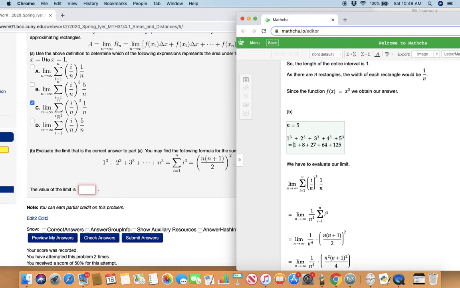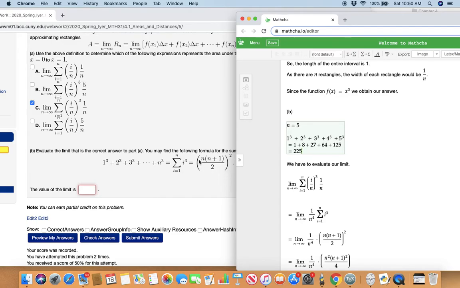So 1 plus 8, 9 plus 27 is 36 plus 64 is 100 plus 125 is 225.